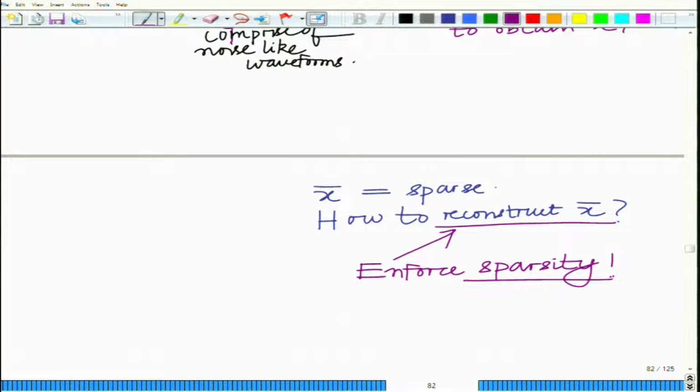It implies we have to somehow impose a condition that we ensure the reconstructed vector x bar is such that a large number of elements are zeros, and only some elements are non-zeros.